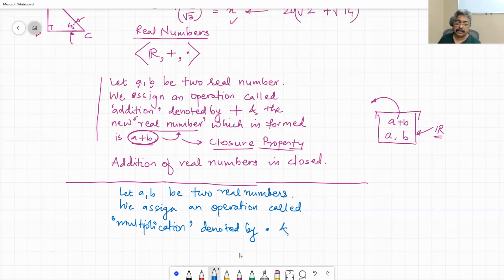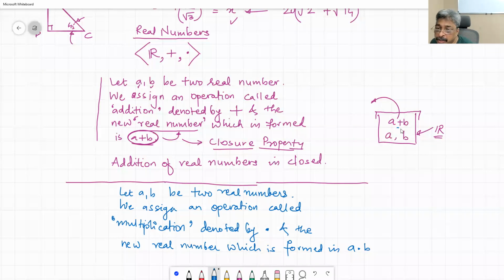And the new real number which is formed is A dot B. A dot B is also part of this container. Multiplication of real numbers is closed.